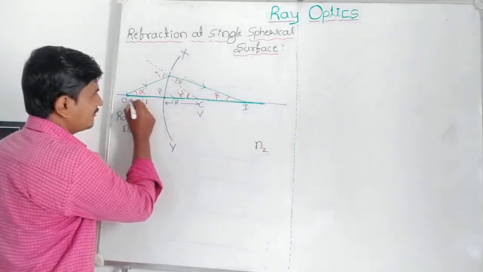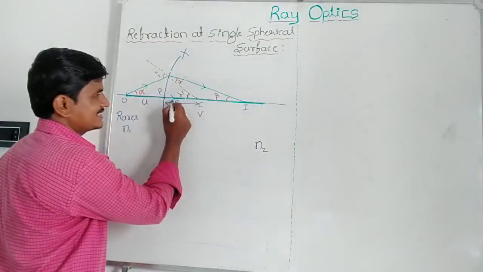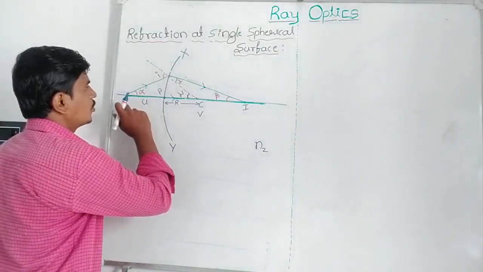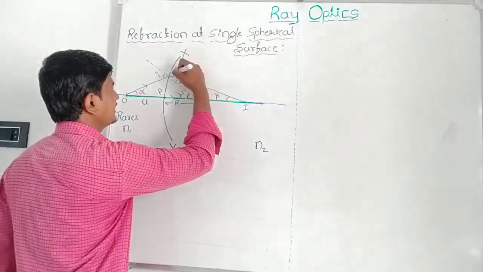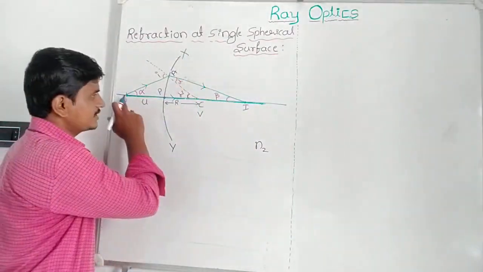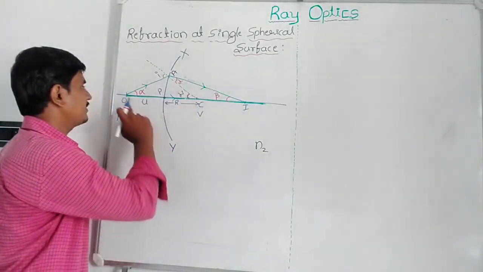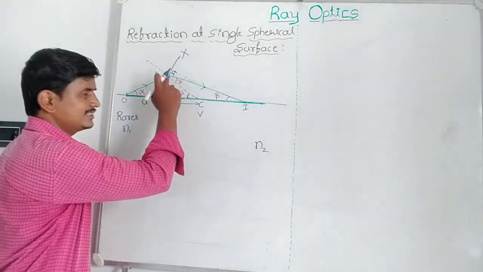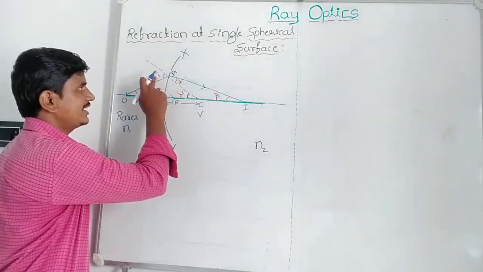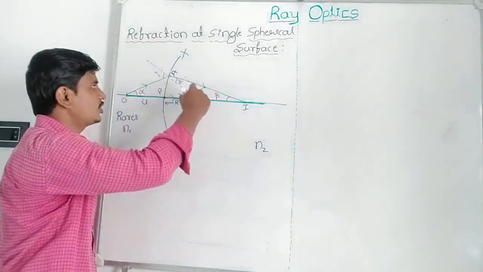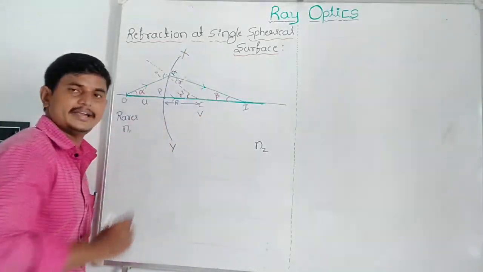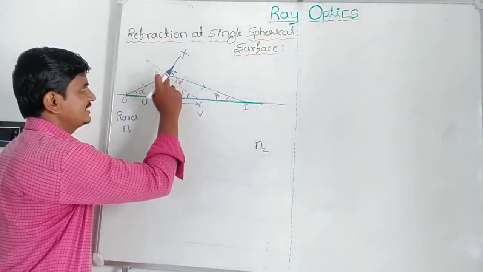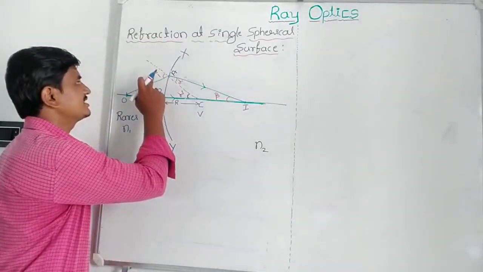One ray travels along the principal axis, and another ray passes as OA, incident at point A with an angle of incidence i.